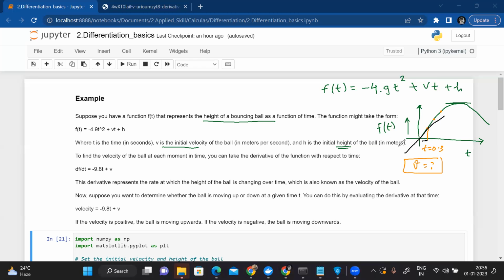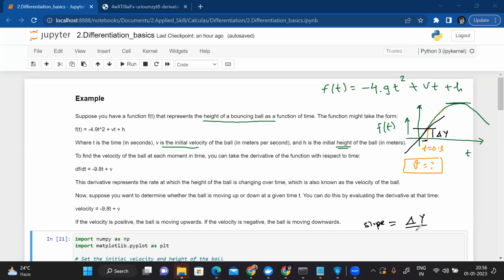So let's suppose this is a height. This is the complete height f of t. So like this very small height y, and with respect to time, we are trying to find out the slope basically.